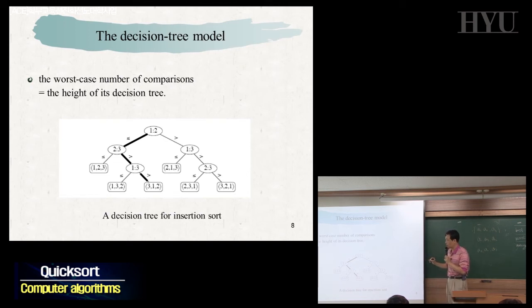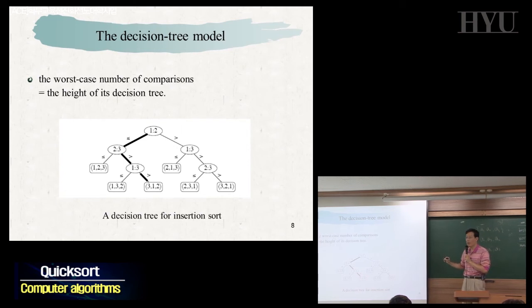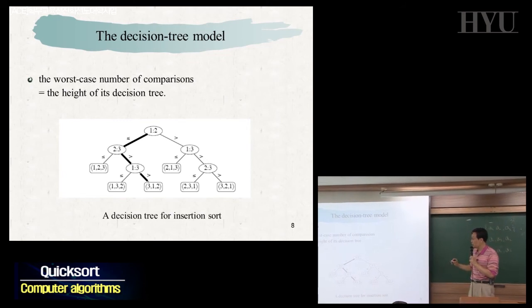But how about this? If this is the solution, we need 3 comparisons. So in this case, we need 3 comparisons in the worst case. So the worst case number of comparisons is the same as the height of the decision tree. Okay?